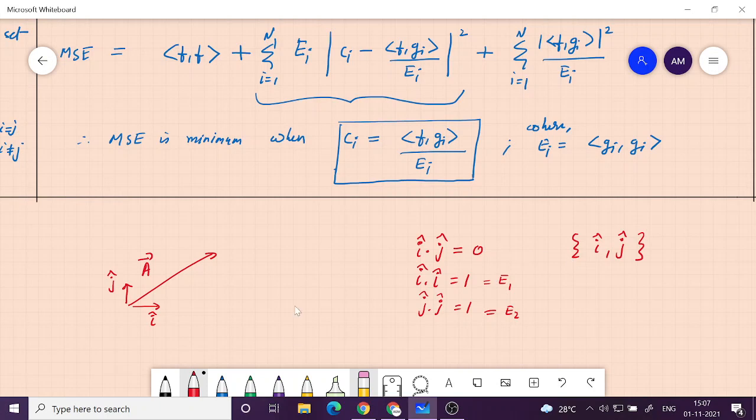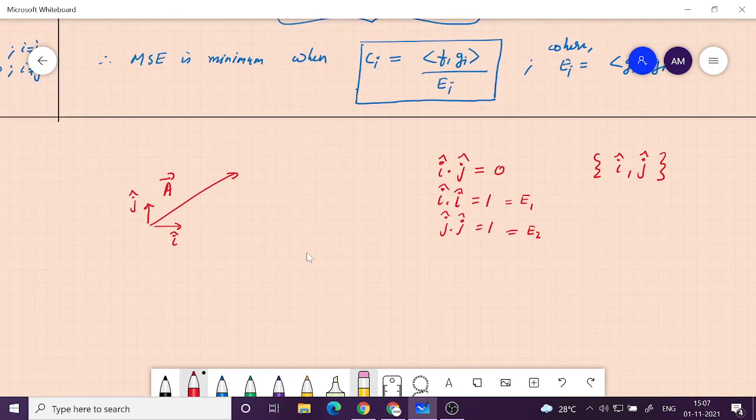Now what we are saying, what should be the best constant I should multiply with i, so that I will approximate the given function in terms of i and j, which are unit vectors. So the best possibility is increase the length of this i till here, increase the length of j till here, and then when you add these two, you will get a exactly.